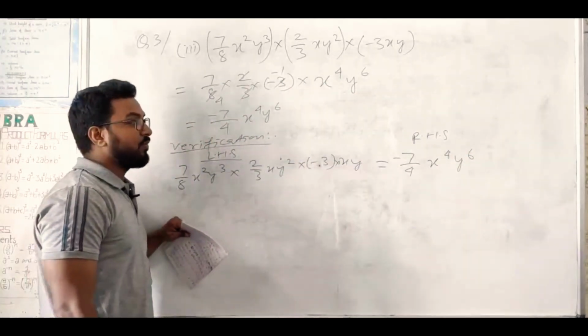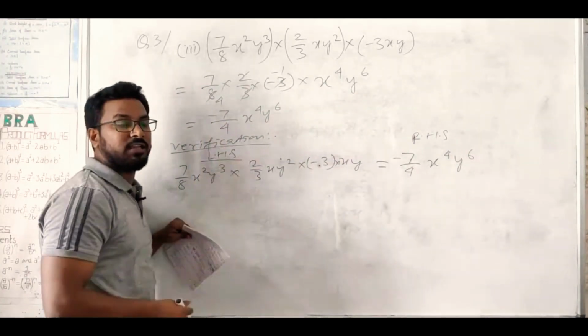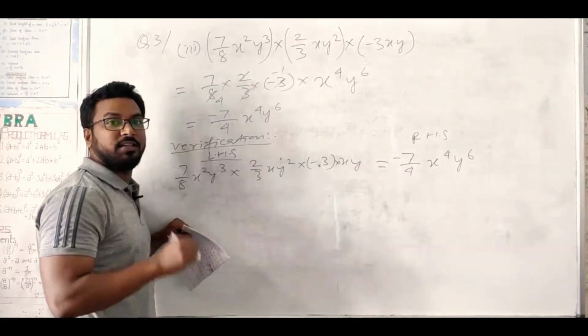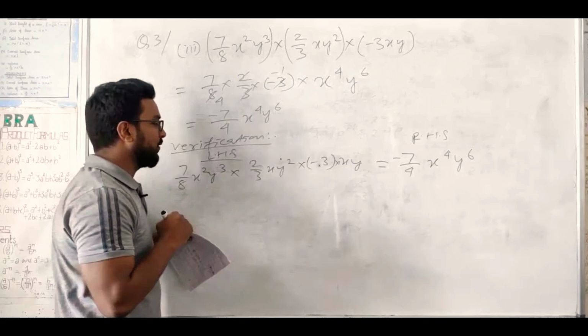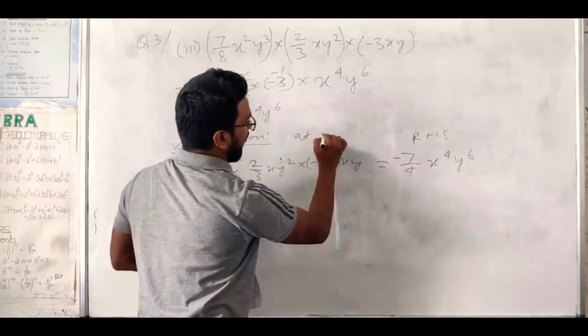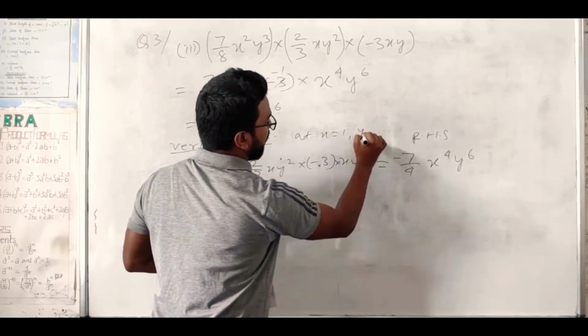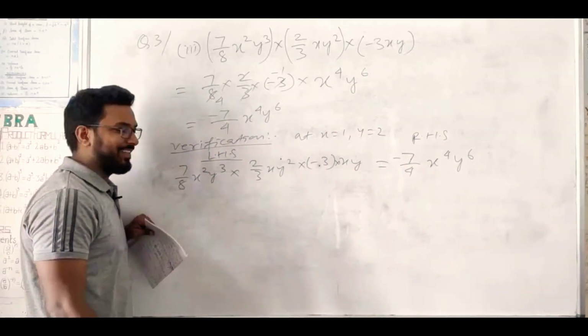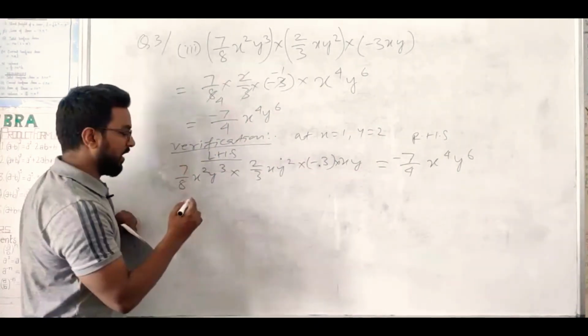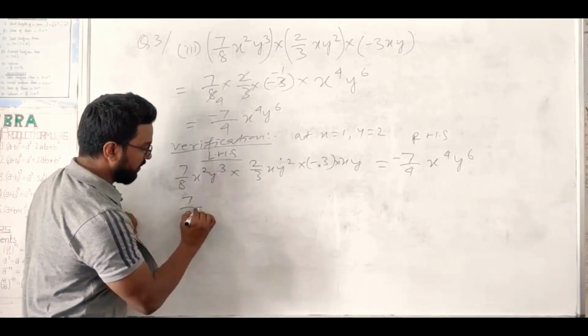Now you have to verify left hand side equals right hand side by replacing the value of x equals 1 and y equals 2. So you just replace the value of x and y. 7 by 8 into, what is x?